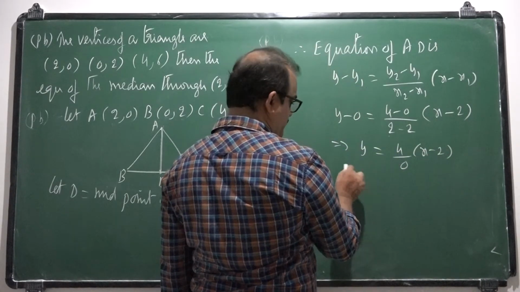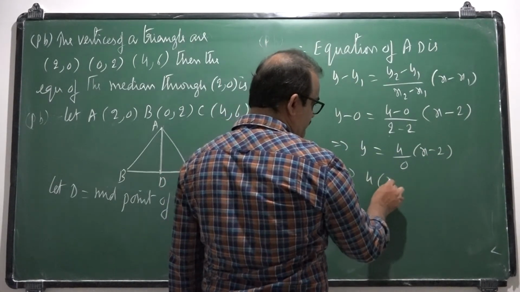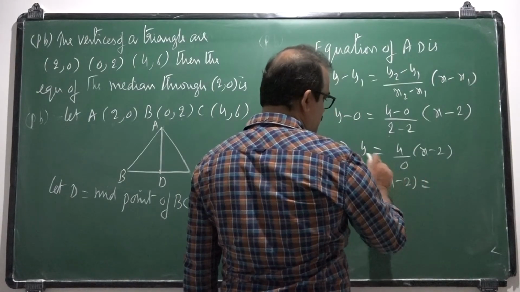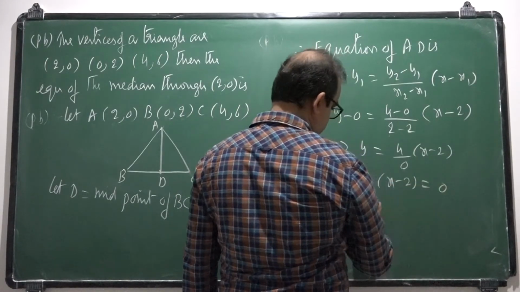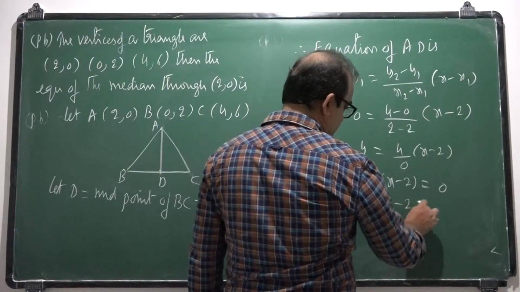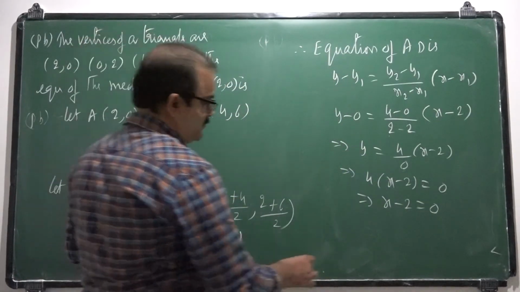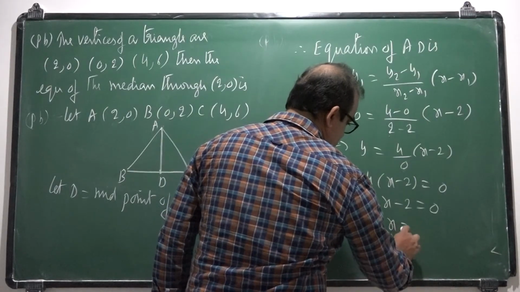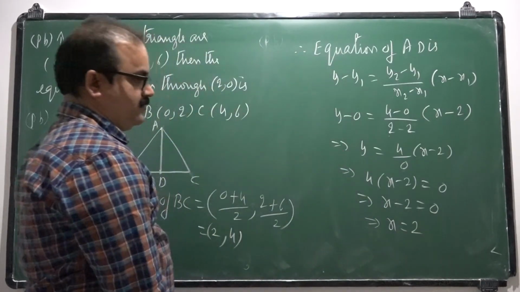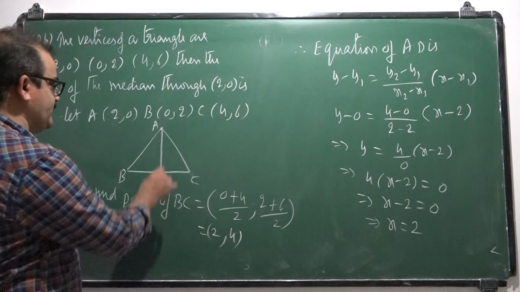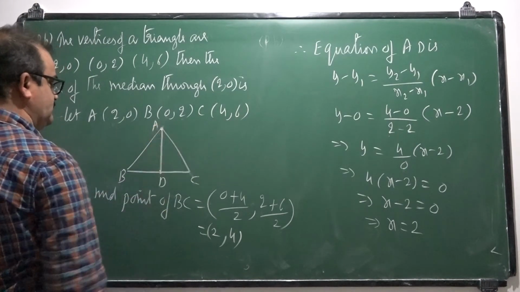On cross multiplying we get 4 into x minus 2 is equal to 0 into y, which is 0. From this x minus 2 is equal to 0. Or write it as x is equal to 2. This is the median passing through the vertex A.